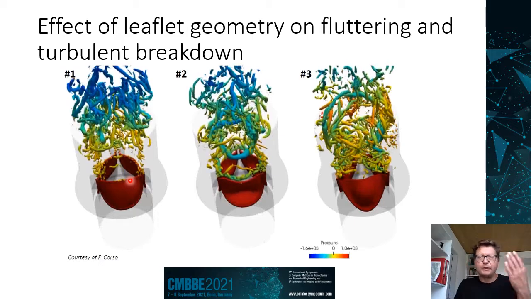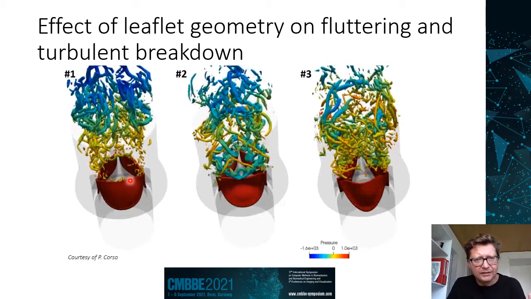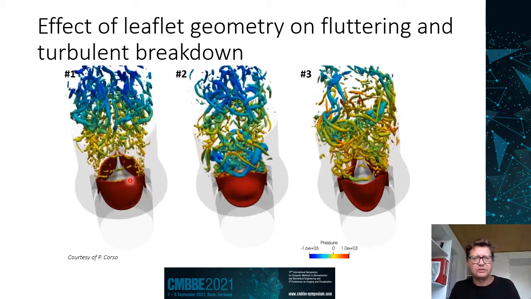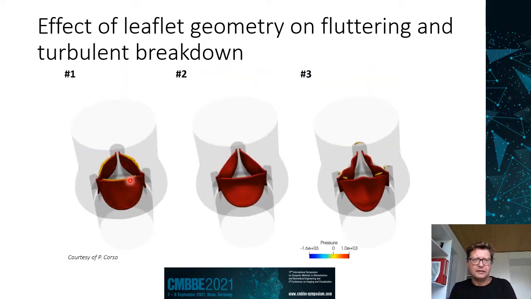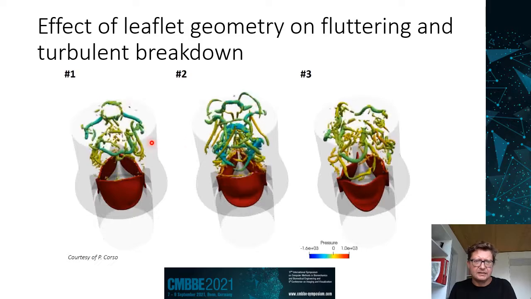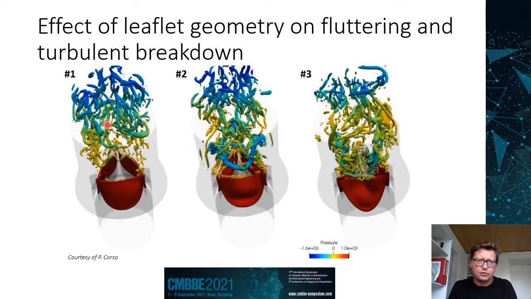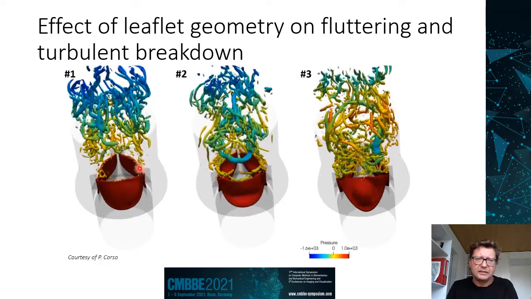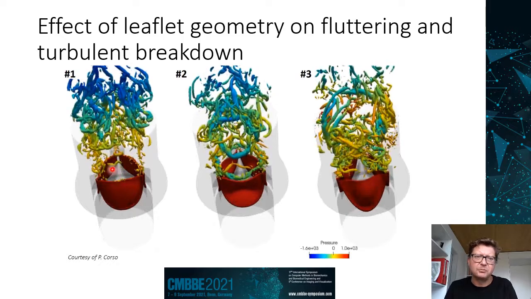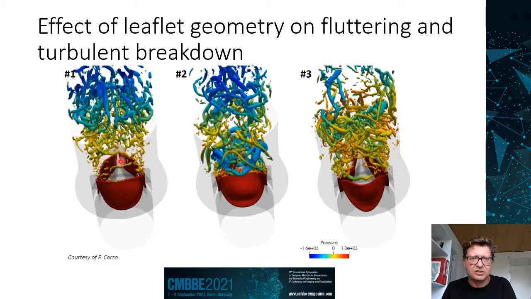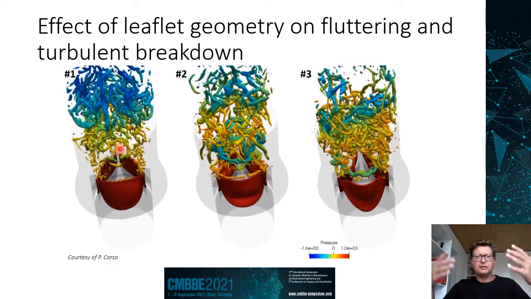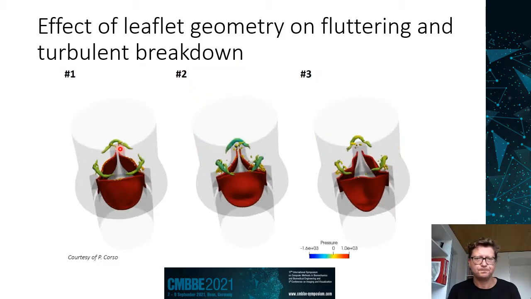Configuration number 1 with the reduced belly curve, interestingly, shows no fluttering whatsoever, so we completely eliminated the fluttering. Nevertheless, we still get turbulent flow, except that the transition process now appears to be based on a shear layer instability slowly developing in the wake of the trailing edge.